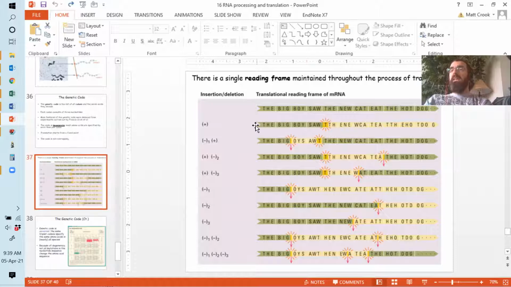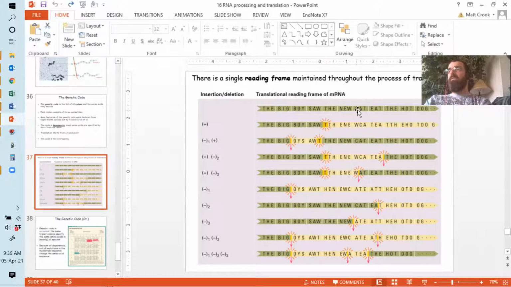So if you take out or add bases, particularly 1 or 2, you can really screw things up. And this is an exceptionally convoluted way of going through that. But essentially, the one that I think is particularly useful to look at is the first one, right?